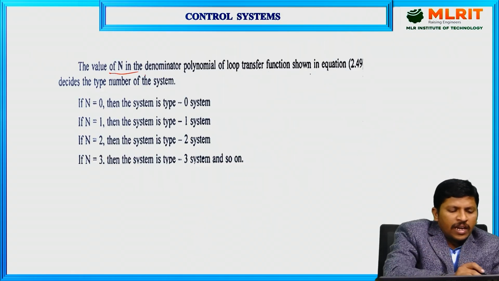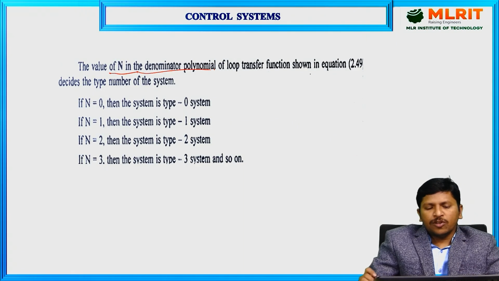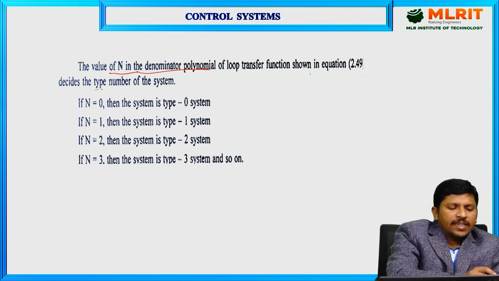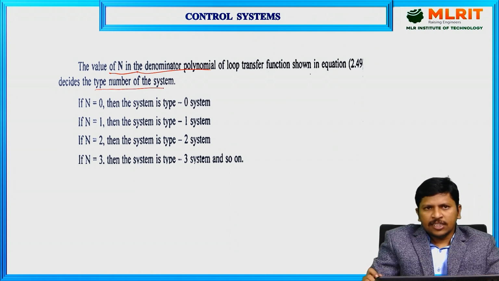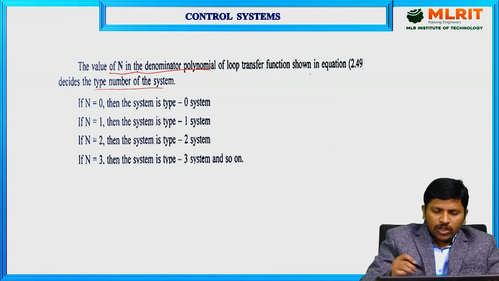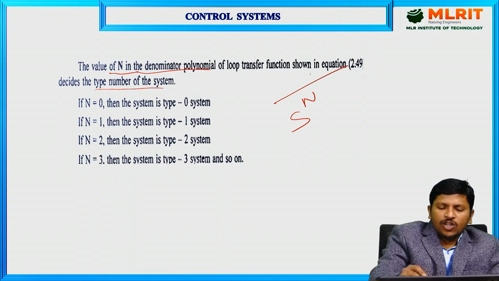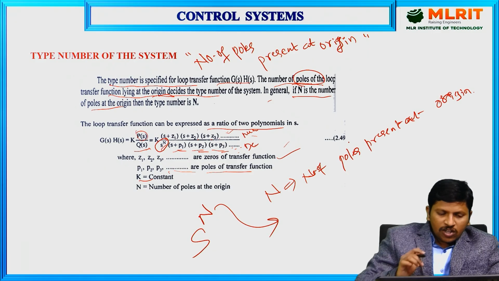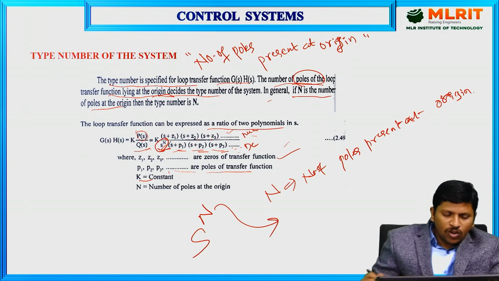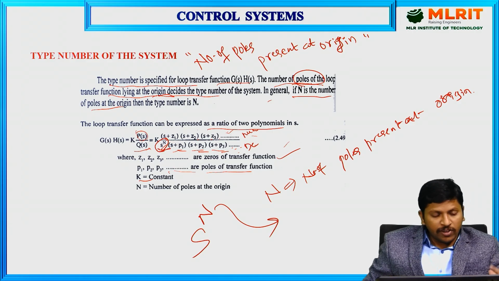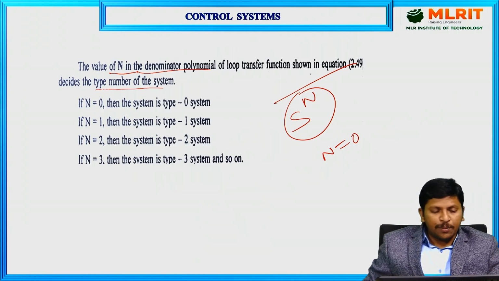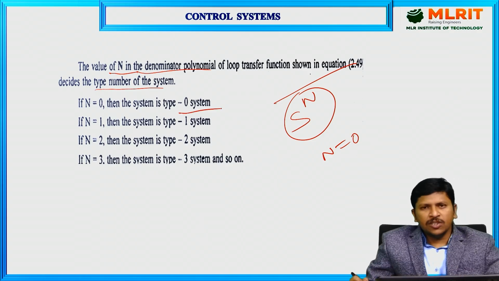The N in the denominator polynomial of the loop transfer function decides the type number of the system. For example, if I write s to the power of N in the denominator with N equals 0, that is s to the power of 0, then it is a type 0 system.